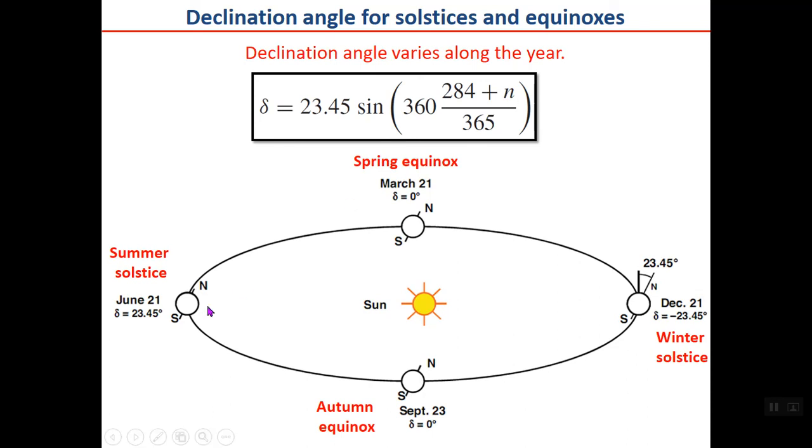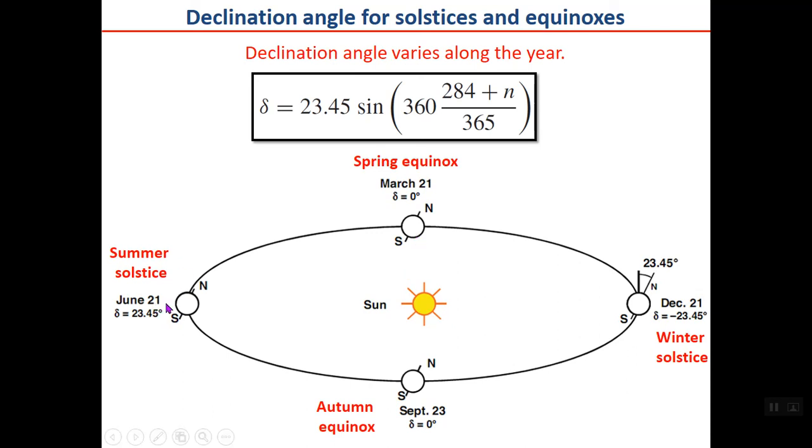There are actually specific values for delta which are worth remembering. On equinoxes, we have two equinoxes, a spring equinox which occurs on 21st of March and an autumn equinox on September 23. On these 2 days delta is 0, so the declination angle for these 2 days is 0.